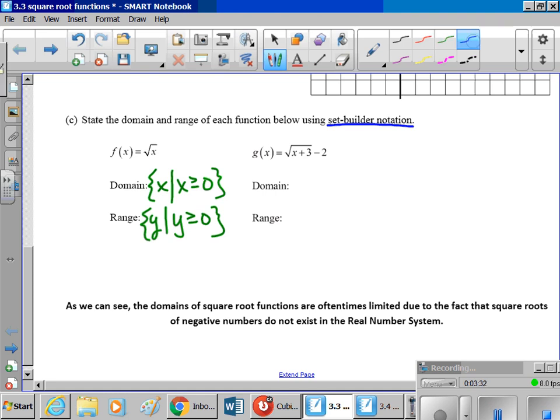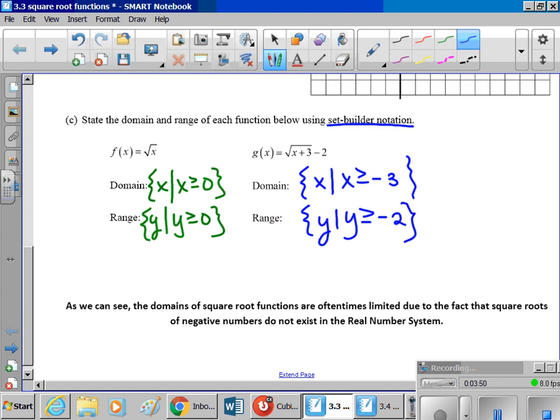When we take a look at the domain and range of g of x, this is going to change because our x translated, so x has to be greater than or equal to -3, and the range is going to be greater than or equal to -2.